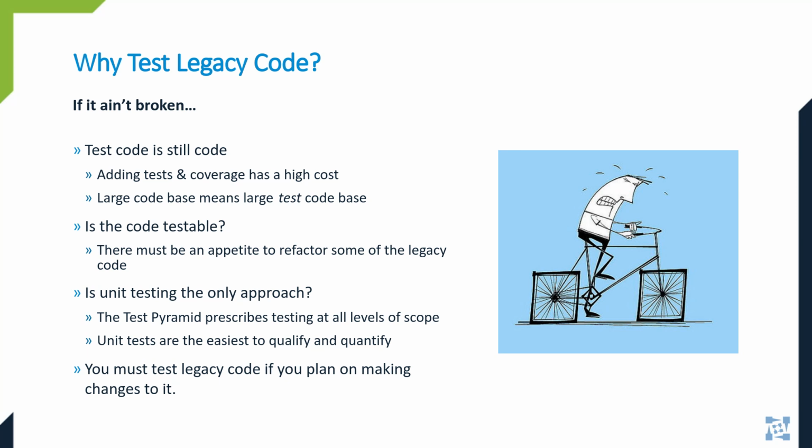Because when you think about it, if you have, let's say, 3 million lines of code and you want to write unit tests and you want, let's say, 60% code coverage, if you're writing one line of unit test code for every 10 lines of legacy code, you're still writing 150,000 to 200,000 lines of code at least, right?